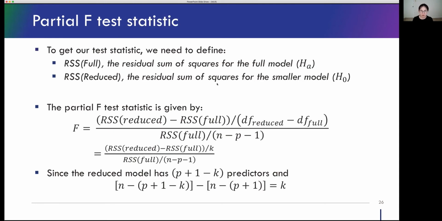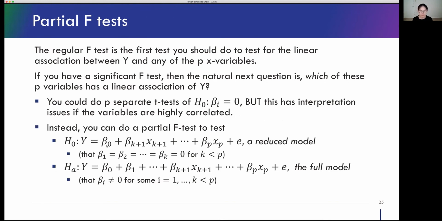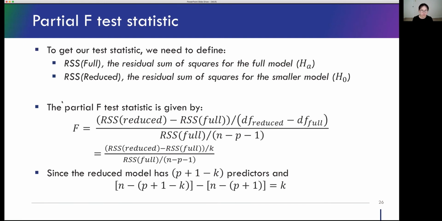In the reduced model, this is the residual sum of squares for the smaller model, where only beta k plus 1 to beta p are non-zero. Once we get those, we can define the partial F-test statistic by this.